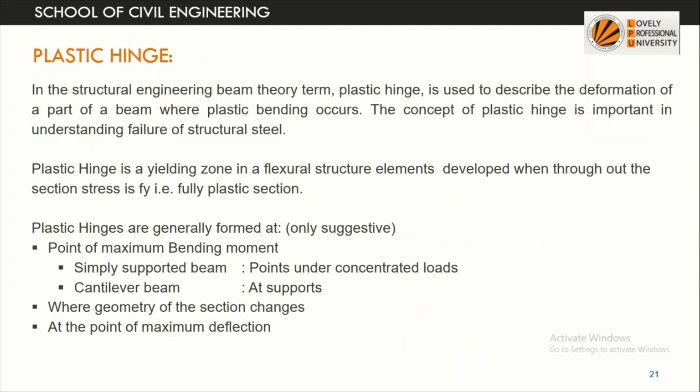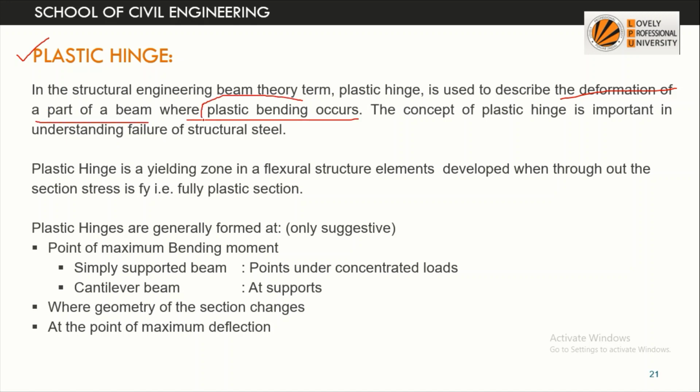Now the next term is plastic hinge. We heard the term that when the section is fully plastified, the moment is Mp, and a plastic hinge will be formed. So let us see what a plastic hinge is. Plastic hinge, in structural engineering beam theory, is a term used to describe the deformation of the part of a beam where plastic bending occurs.